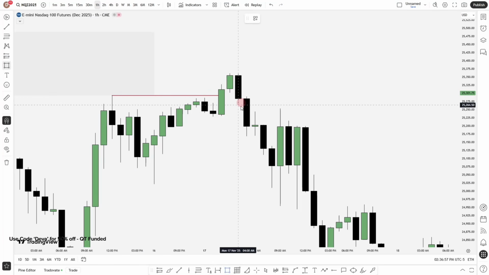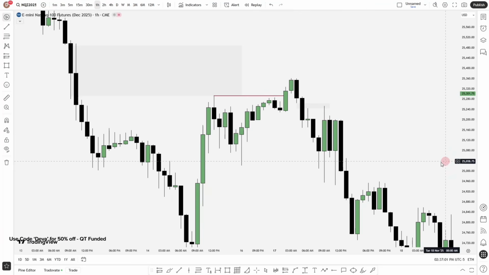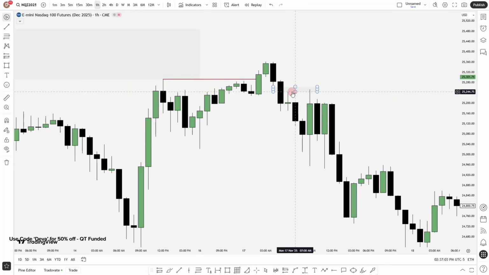And we got an hourly FVG here, right? And if we just go to the 5 minutes, that will be our short-term perspective, right?